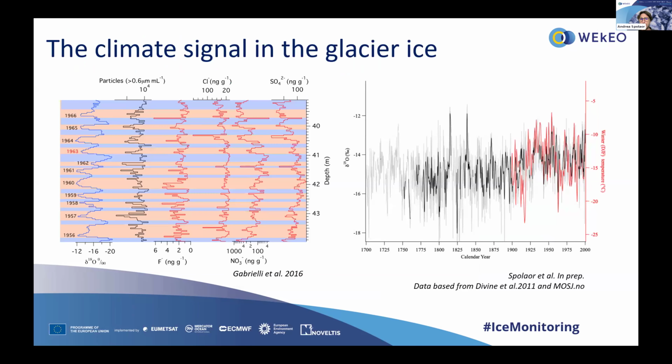So we use this archive to study the climate impact on the signal preserved within the ice. To give an example, the left panel shows a potential signal that we can find in an ice core archive. We see an oscillation of a parameter called the water stable isotope ratio, which is a proxy of temperature. The more negative values correspond to winter periods, the more positive to summer periods.